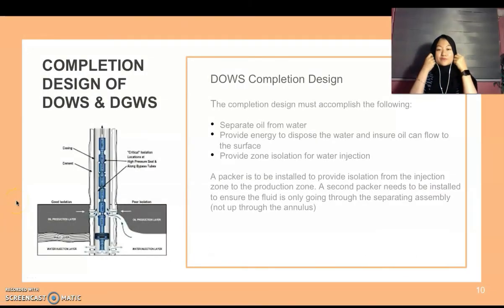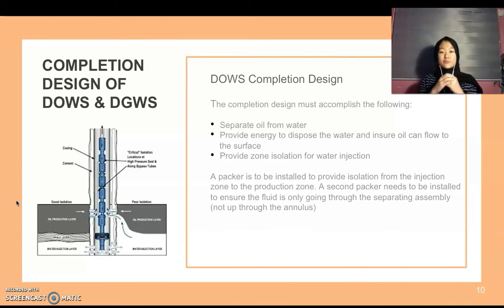Now we are moving on to the completion design of the downhole oil water separator. In this completion design, we must accomplish the points I showed in the slide. The first is to separate oil from the water. Second, to make sure it provides energy for the disposal of water, and also to make sure all flow goes to the surface.